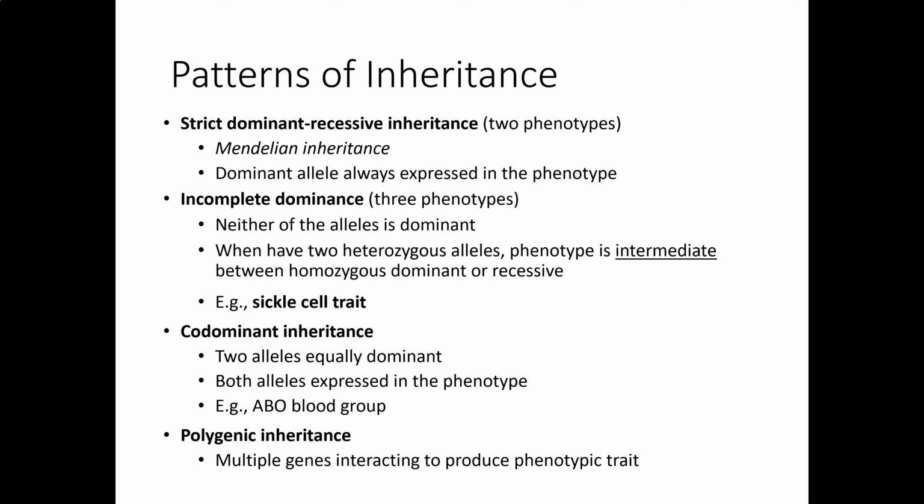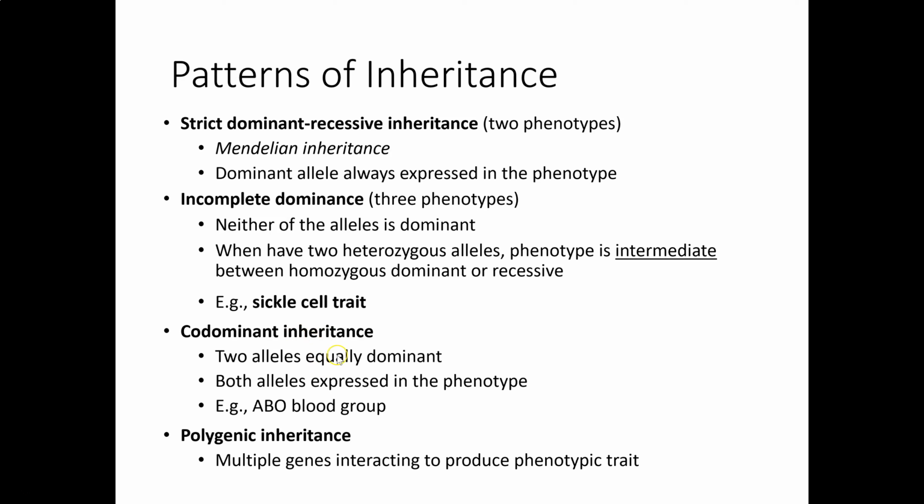If you're homozygous for each one of them, it's easy to understand. If you're homozygous for the red feathers, then the chicken will have all red feathers. If the chicken is homozygous for the white feathers, then the feathers will be all white.